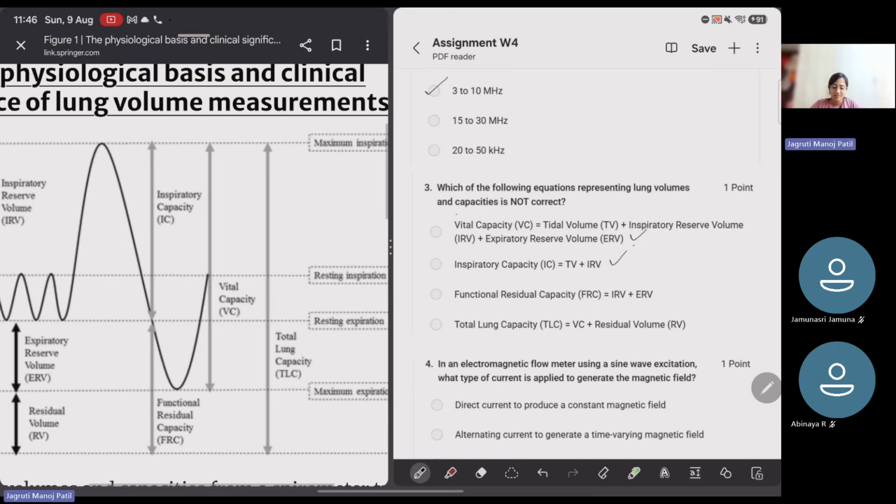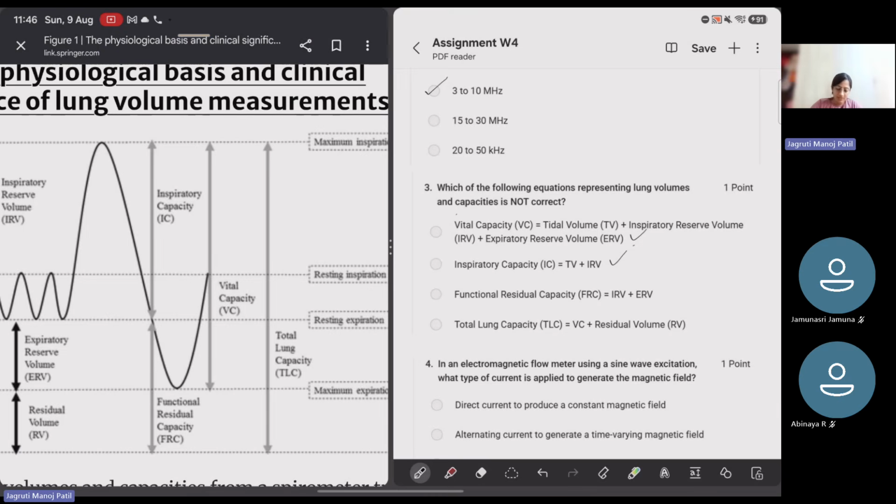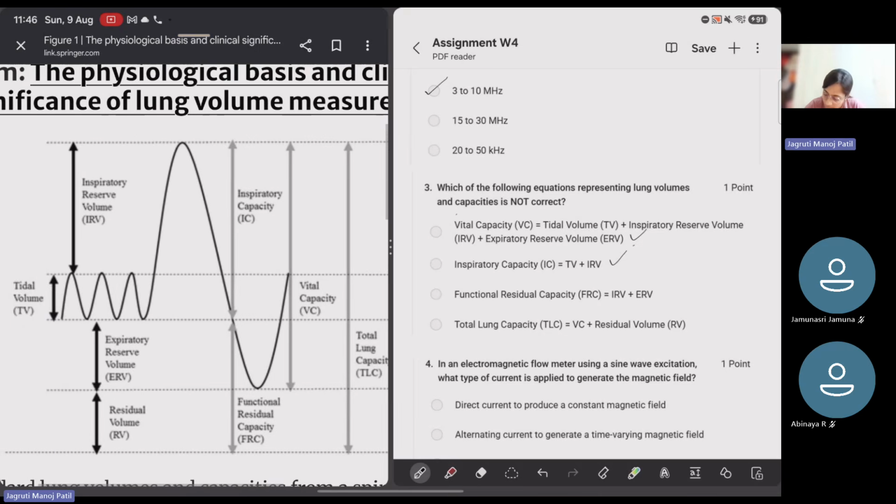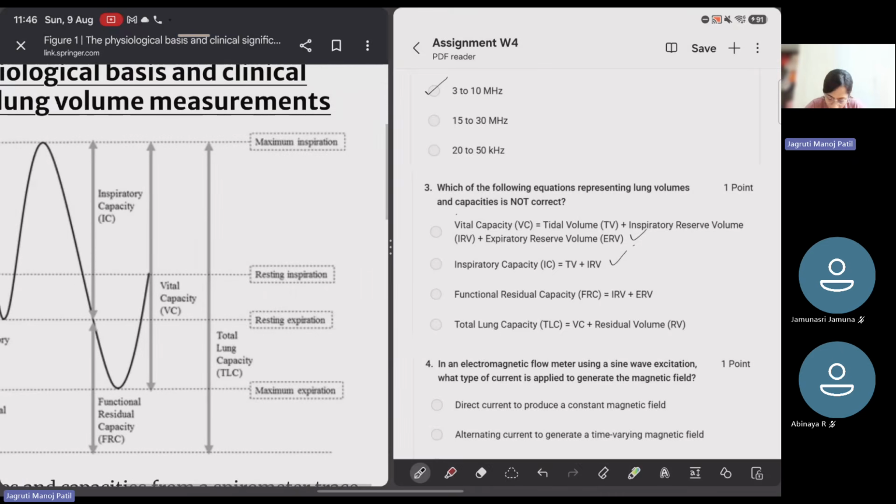Your functional residual capacity has to deal with your reserve volumes. So after your exhalation, right? So you cannot deal with it using, let's say, total lung capacity. It's your vital capacity plus your residual volume.